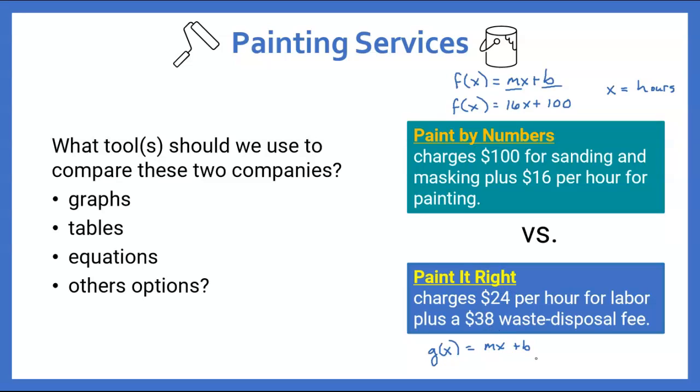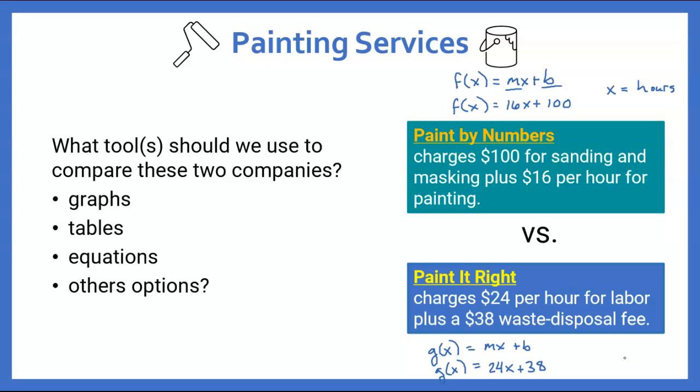So at 0 hours, we'd have $38. That sounds like our value at 0. And then our common difference, how many dollars we'd add for each hour? Well, that's 24, right? At 1 hour, we'd add 24. At 2 hours, we'd add 48. So we get 24x plus 38. There are our two equations.